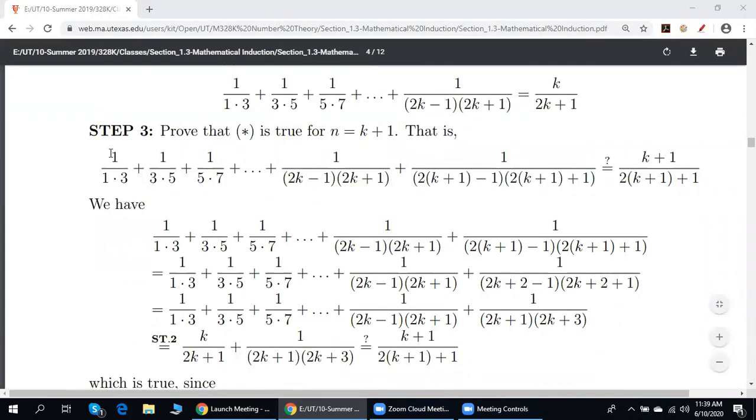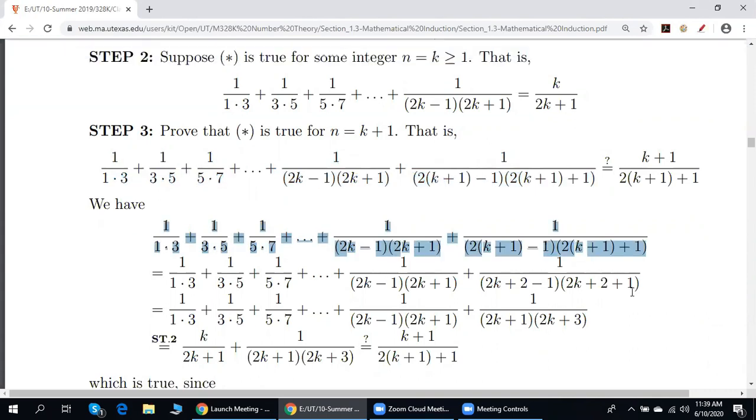So let us first simplify the left-hand side. First we copy the left-hand side, then we expand parentheses. 2 times k plus 1 is 2k plus 2. Same as here. Then 2 minus 1 is 1, 2 plus 1 is 3. So this is the left-hand side.